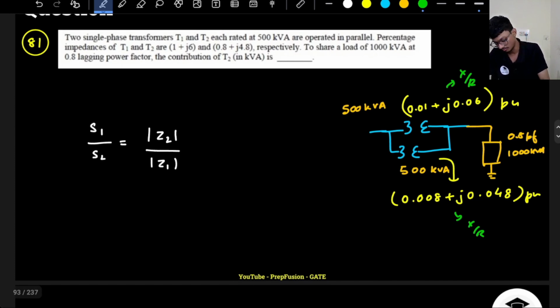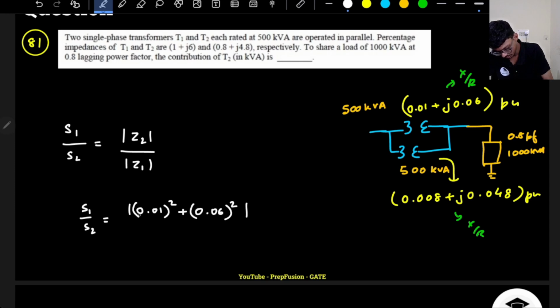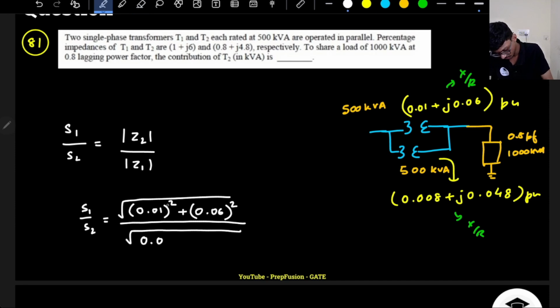So S1 by S2, if I write down the ratios, will be the magnitude of the square root of 0.01 squared plus 0.06 squared, divided by the magnitude of... sorry, this is Z1, Z1 should come below.